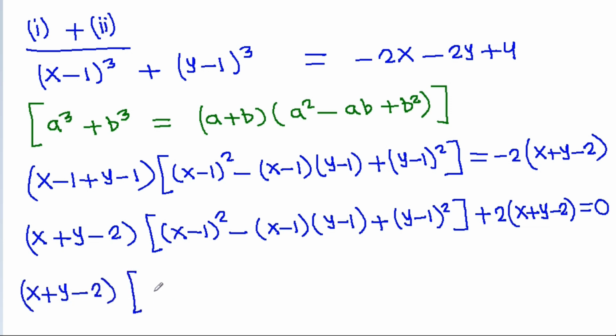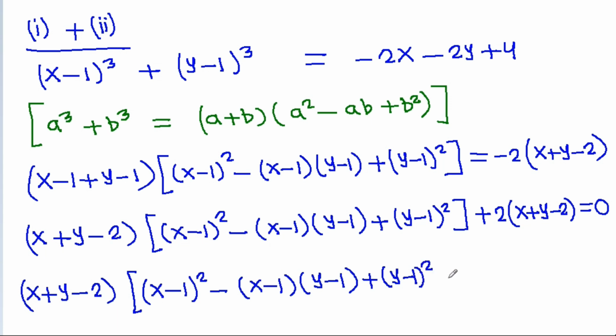and we will get x minus 1 whole square minus x minus 1 times y minus 1 plus y minus 1 whole square plus 2 is equal to 0.